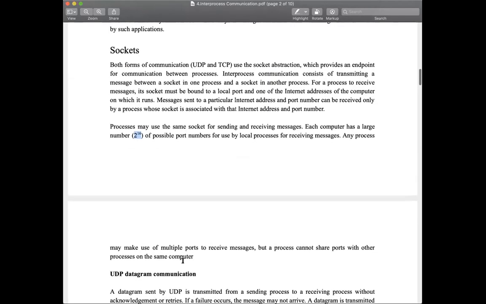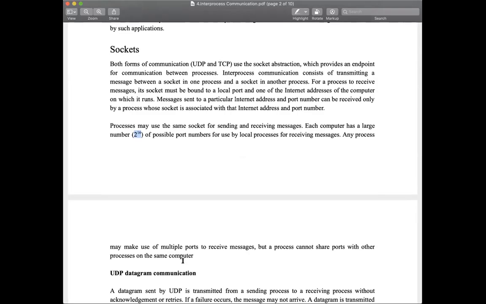So sockets basically are used in application development, which abstracts the underlying communication, right? A socket is defined with the source address and the source port, or the port and the address, right? The combination defines the socket. So for application development we use sockets.